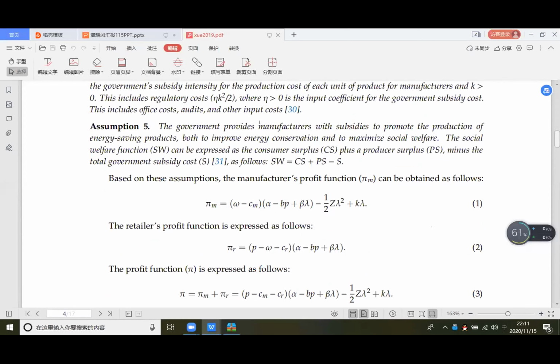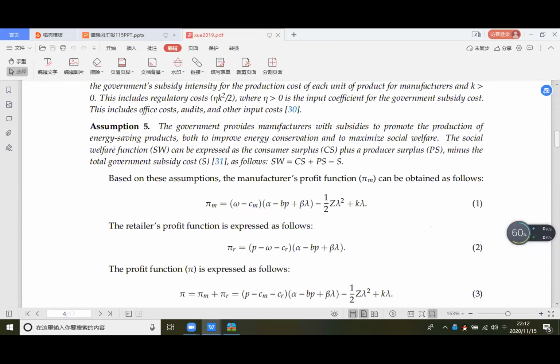The government provides manufacturers with subsidies to promote the production of energy-saving products, both to improve energy conservation and to maximize social welfare.